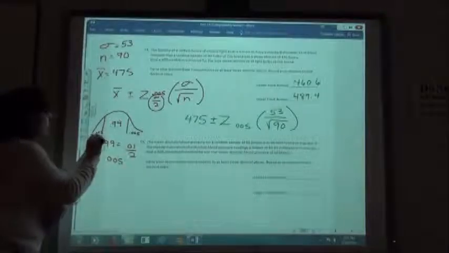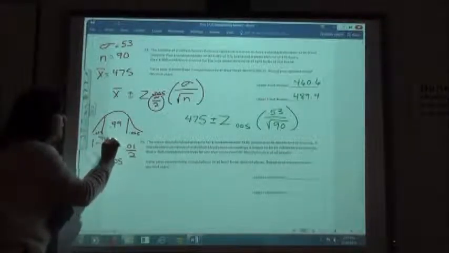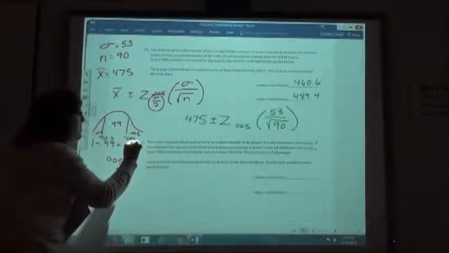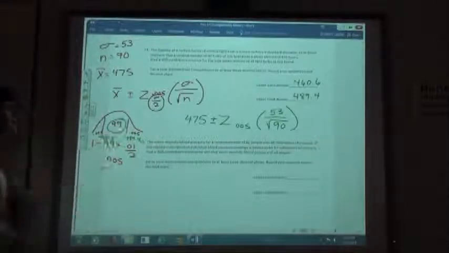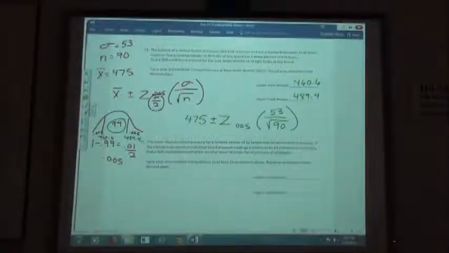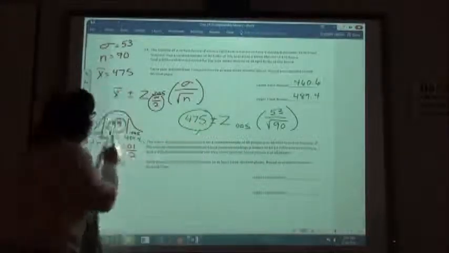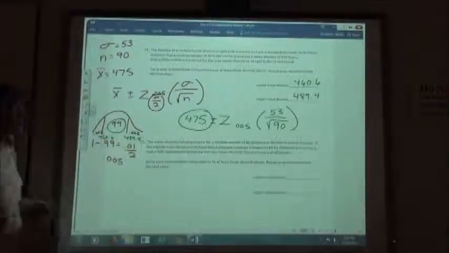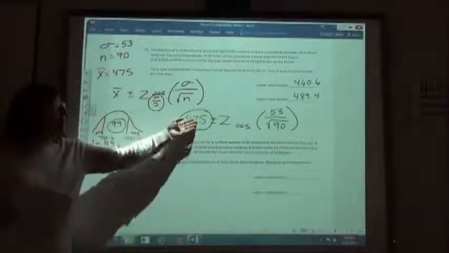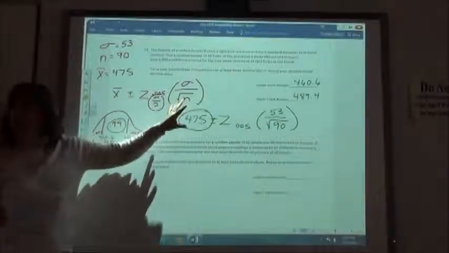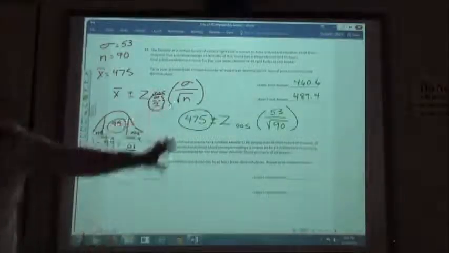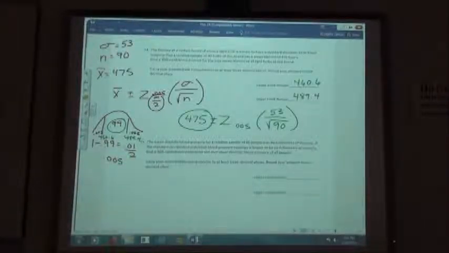So from 460.6 to 489.4, 99% of our people would fall in that range. Notice that your mean value is somewhere between those. So if you're looking at your answer and this number isn't between the upper and the lower, you know you typed something in wrong, right? Your mean is your average, so your average should be between your upper and your lower limits.